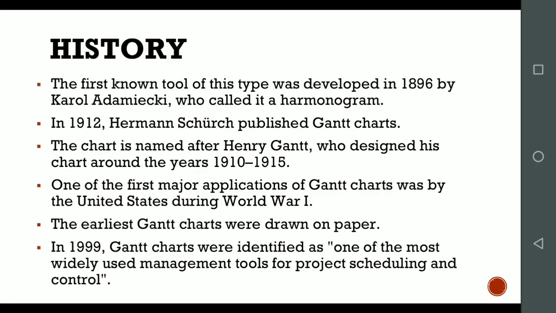In 1912, Hermann Schürch published the Gantt chart for the first time. The chart is named after Henry Gantt, who designed his chart around the year 1910 to 1915. So it is named after the person who designed it, Henry Gantt.